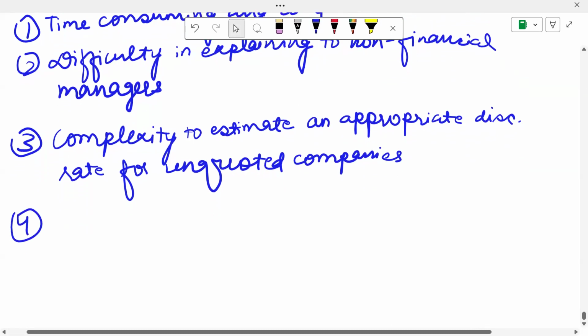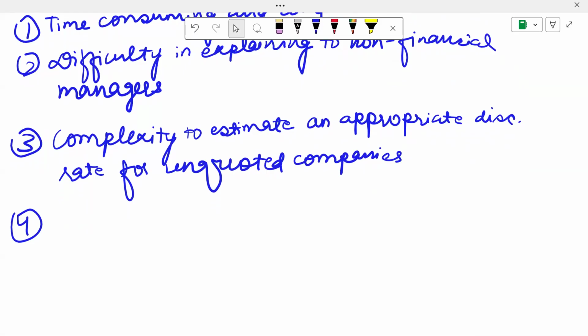Then number four is that managers may feel little connection between their techniques and their actual performance or bonus systems. So the link between what the DCF tells them and what their performance and bonus systems look like may be a weak connection.